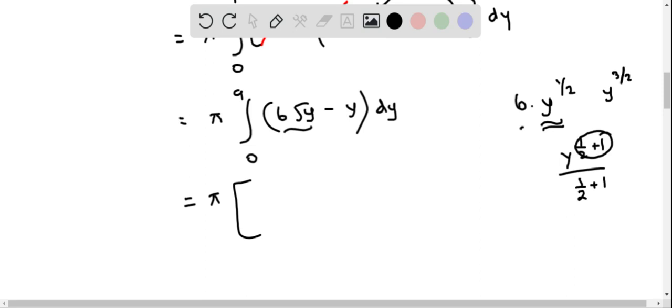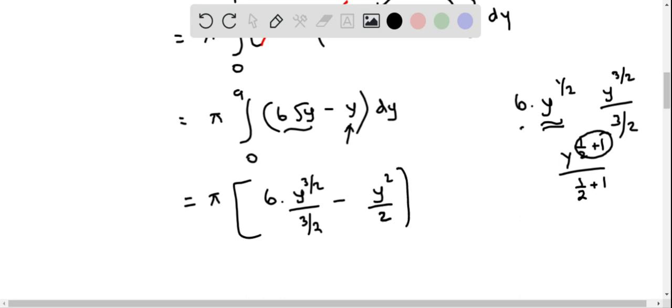So it is y power 3 by 2 divided by 3 by 2. And so the integral of 6 root y is 6 times y power 3 by 2 divided by 3 by 2, minus, if we integrate y, the power is 1, so it is y raised to the power of 1 plus 1, which is 2, divided by 2, and then 0 to 9.